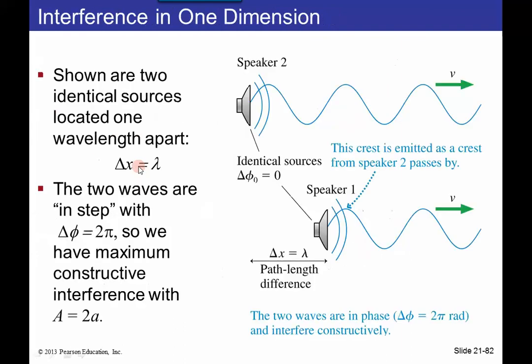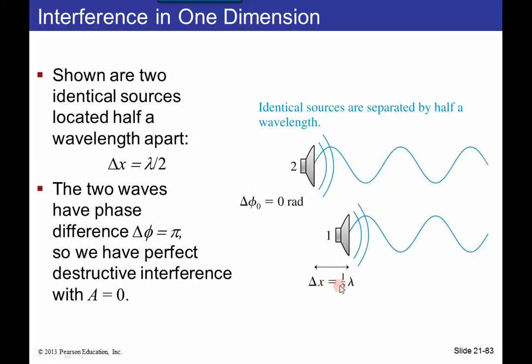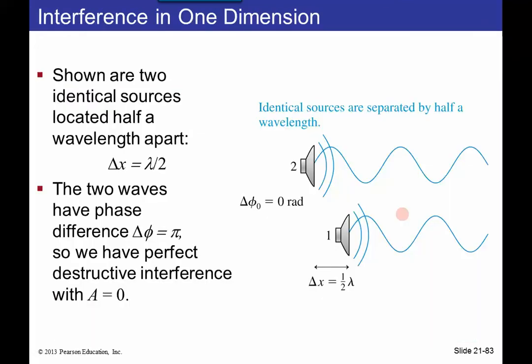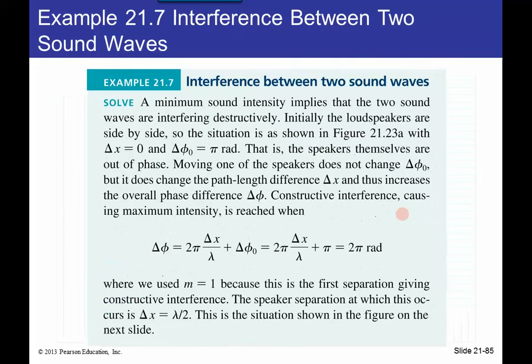Therefore, delta x equal to lambda means maximum constructive interference, so delta phi is equal to 2 pi, and you get the maximum amplitude. Now, if delta x is 1/2 lambda, then delta phi is pi, and you get the cosine of pi, which is 0. You see this is a maximum and this is a minimum, and they cancel out. That's what happens when you have interference in one dimension.